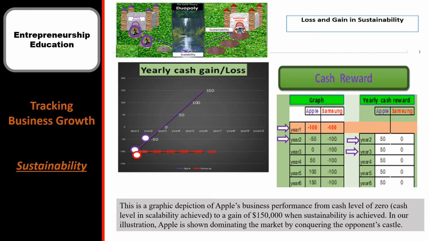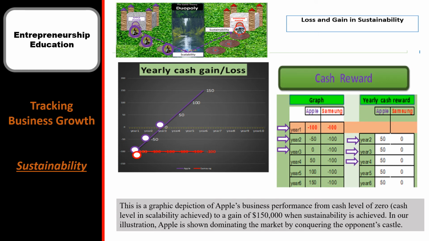The next growth stage will be sustainability. As we've seen in scalability, Apple has reached a cash level of zero or break even, and that is indicated on the graph in year three. And if we assume that Apple will win the next round, we can see in year four, Apple wins.